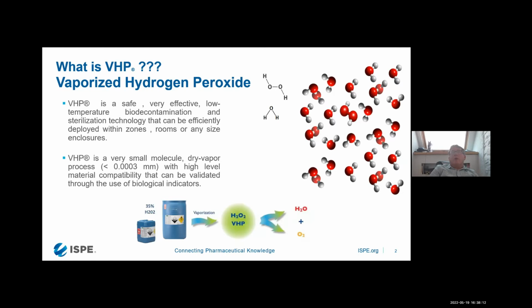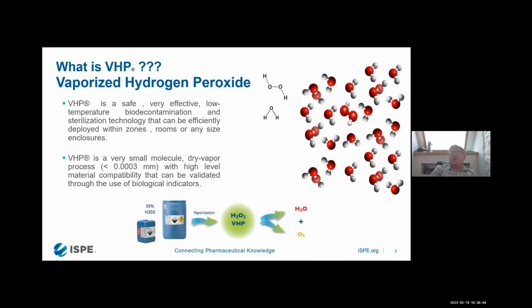Since it's a vapor, it's a very, very small molecule, smaller than 0.0003 millimeter. So this size of molecule permits it to go through HEPA filters, any Tyvek, any kind of membrane easily, and is not blocked at all. So we have a very, very good penetration with this technology. And this technology has no residues.